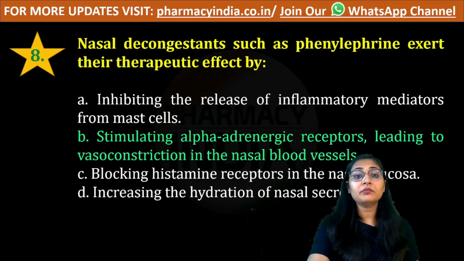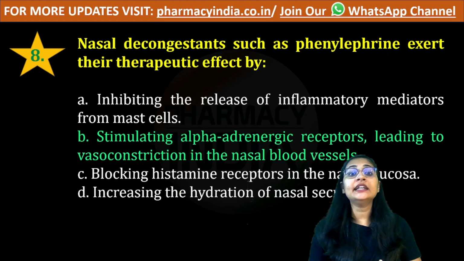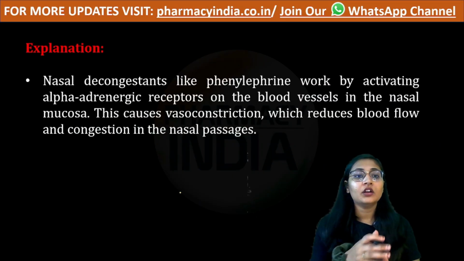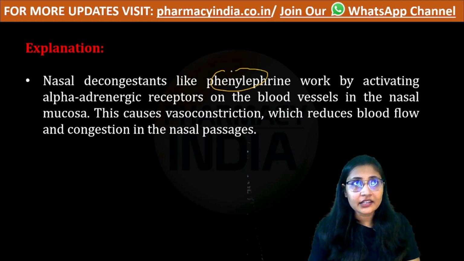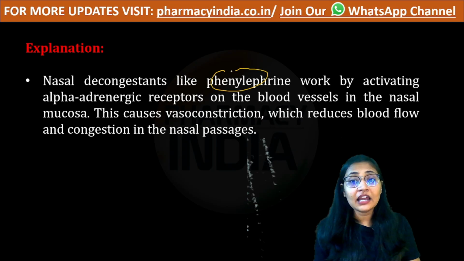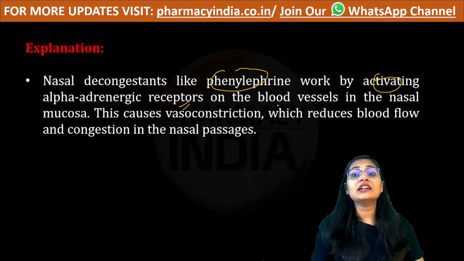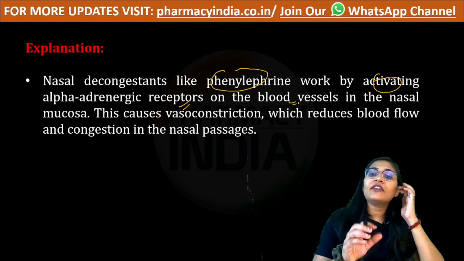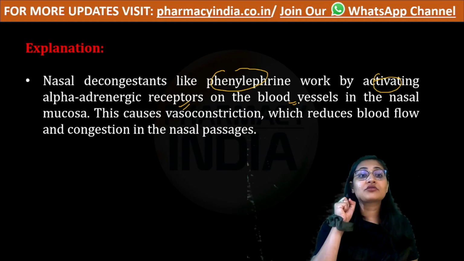Correct answer is option B, stimulating alpha adrenergic receptors leading to vasoconstriction in the nasal blood vessels. How? Nasal decongestants such as phenylephrine activate alpha adrenergic receptors on blood vessels, which ultimately causes vasoconstriction.